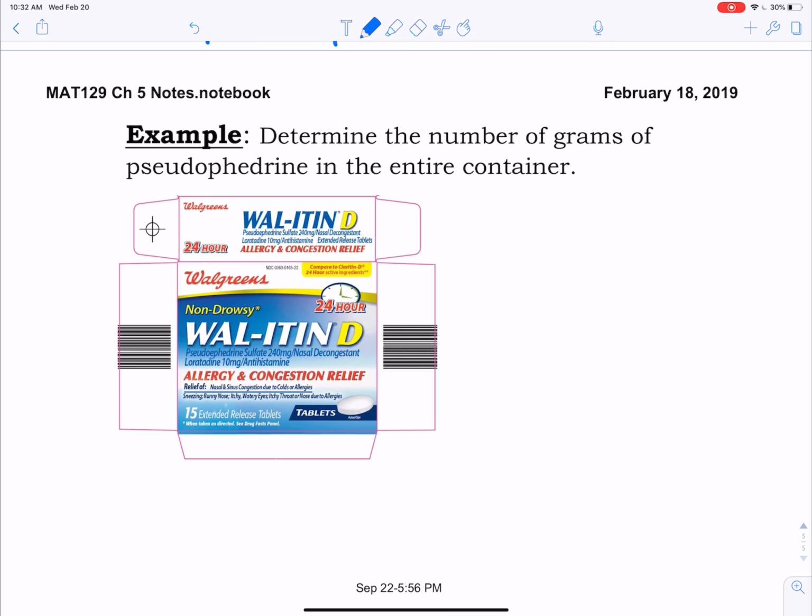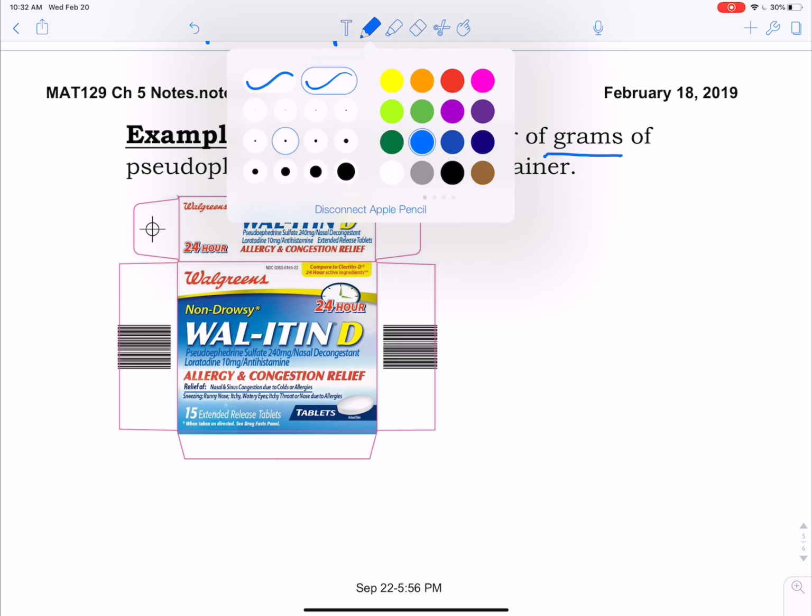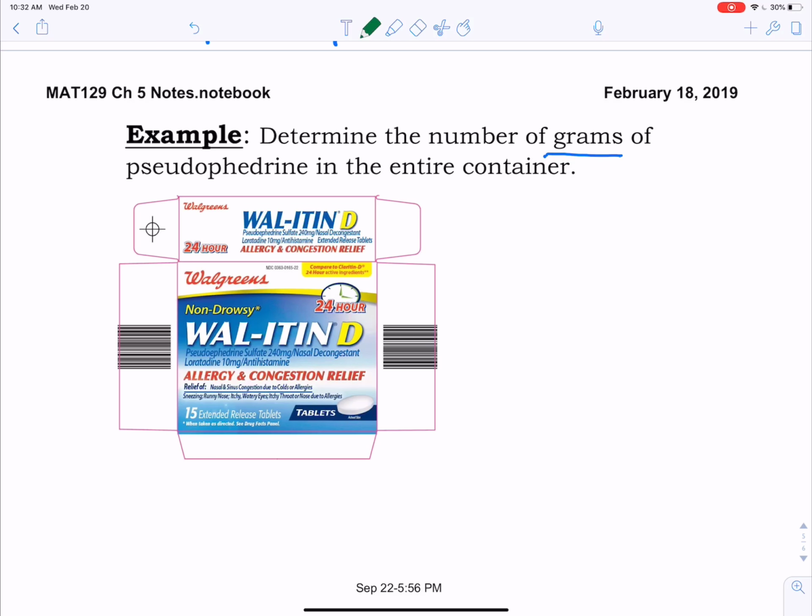Now let's continue looking at what happens when we have a drug label or a carton. So they ask us here, determine the number of grams of pseudoephedrine in the entire container. So here we do need to be a little careful because this is a combination drug. So if we look, our pseudoephedrine sulfate is at 240 milligrams.